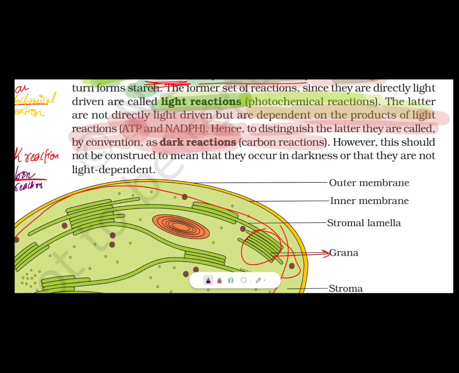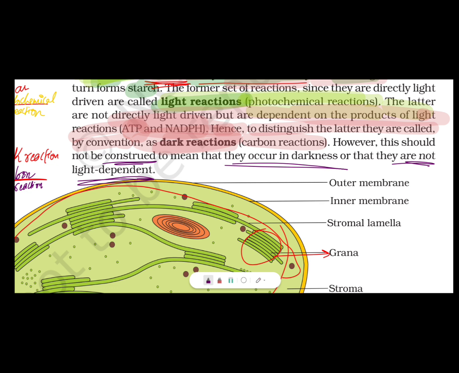However, this should not be construed to mean that they occur in darkness or that they are not light dependent. We should not consider them as light dependent, but actually they are not dependent on the light reaction itself; they depend on the products of the light reaction.